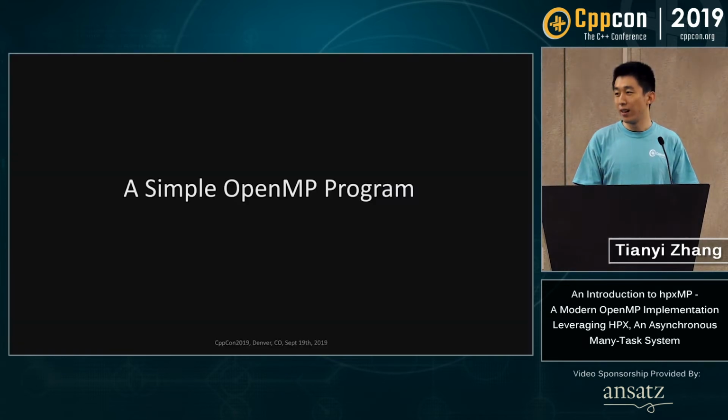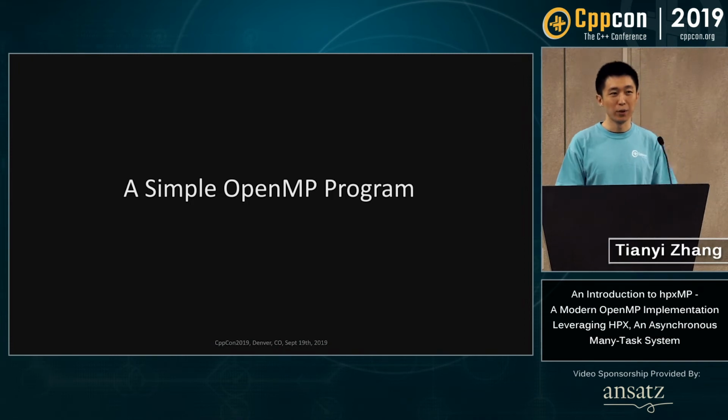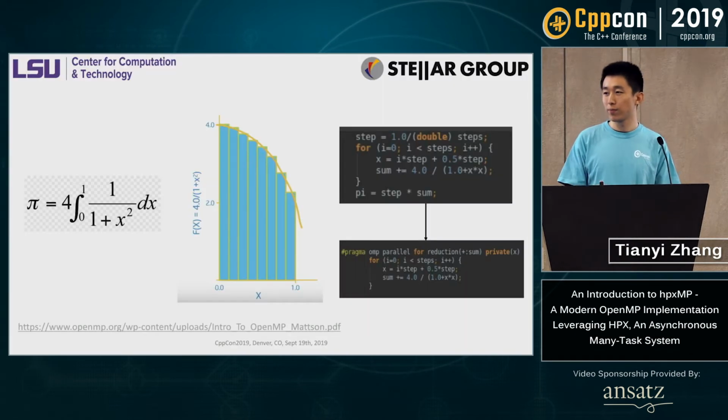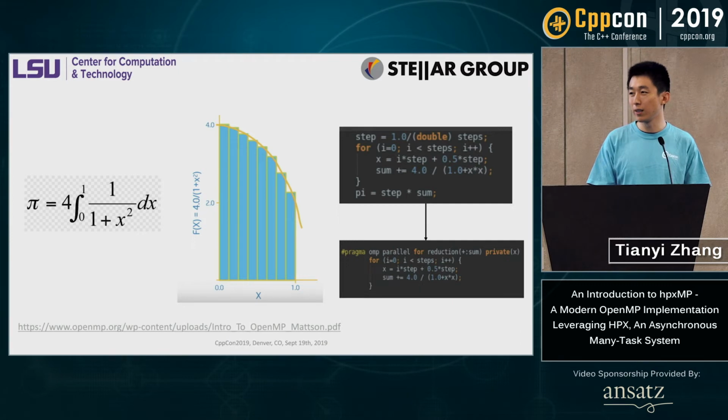First, let's see a very simple OpenMP program. Here's a pi calculation program, and we just use a for loop to add all the areas together so we can get the result of pi. This is the code using a for loop, which is not running in parallel.